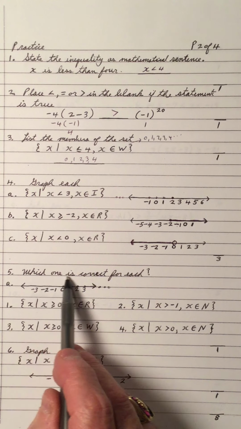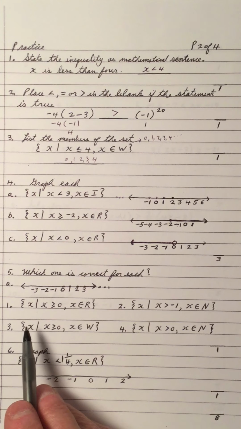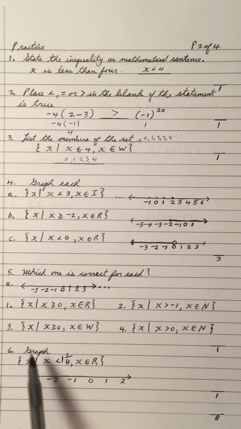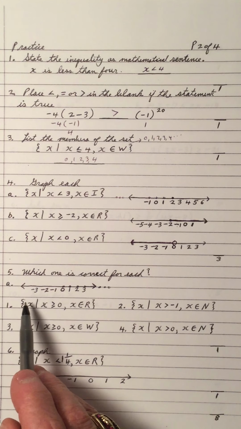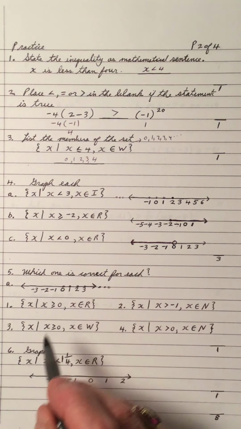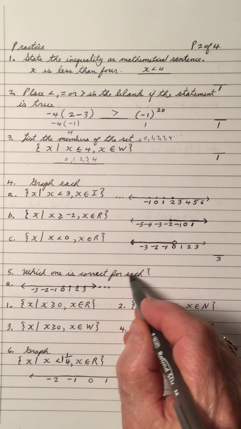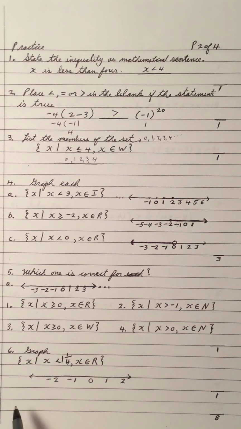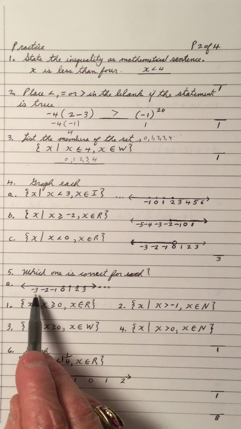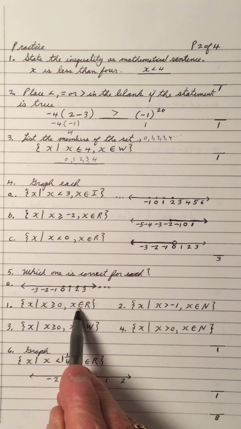Number 5, which one is correct? I said for each, but there was only one here, so I could leave the each out. Is this real numbers?